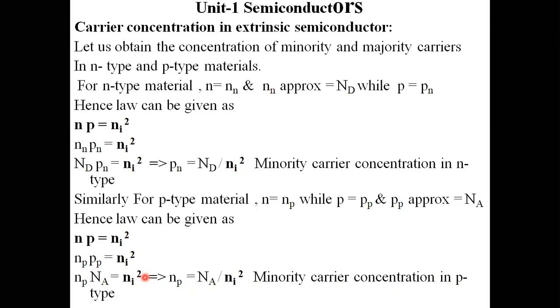In this way, by using this mass action law, we can find the majority charge carrier concentration in n-type and p-type semiconductor material, and the minority charge carrier concentration in n-type and p-type semiconductor material. That means we have applied this mass action law in intrinsic semiconductor material as well as in extrinsic semiconductor material.